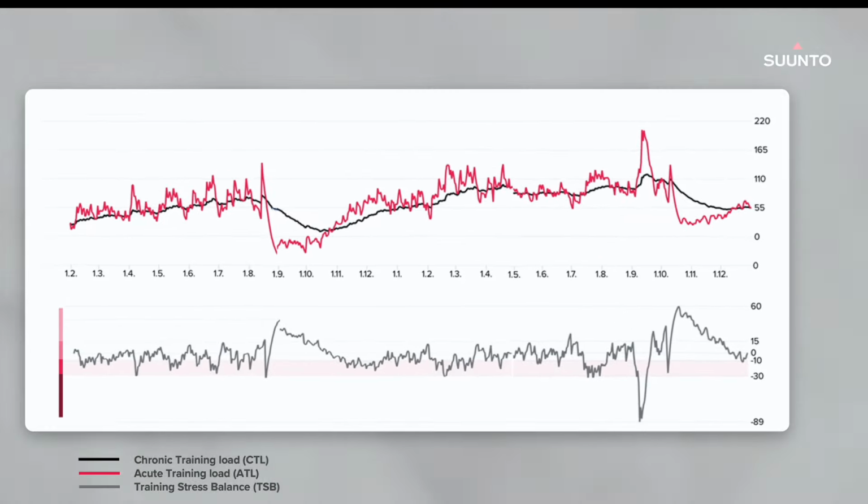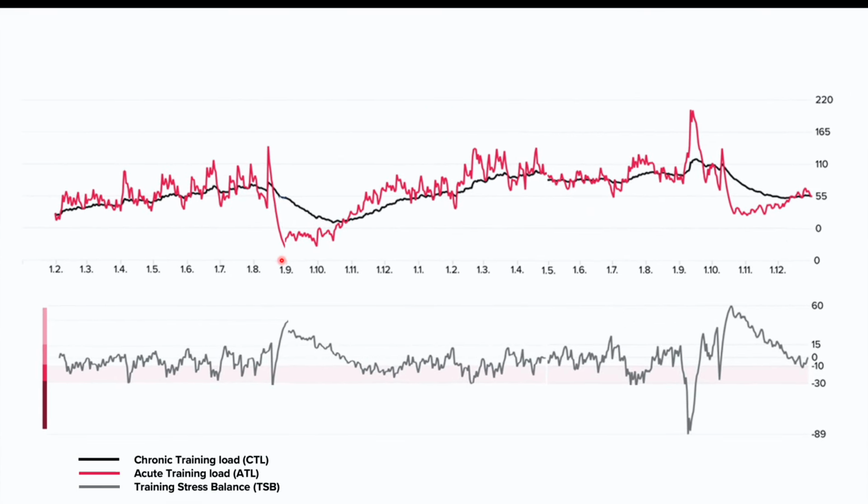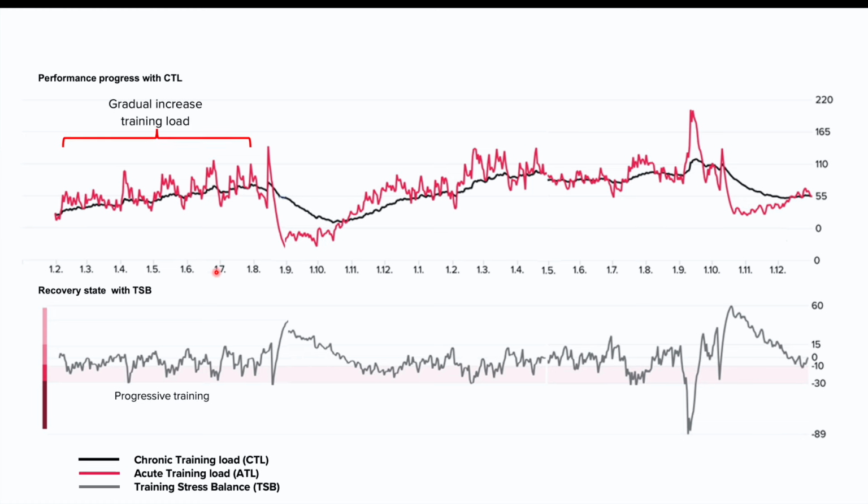And then when we look at this graph a bit more in detail, the first part of the screen shows the start of the year, where you can see training increasing step by step, where the chronic load is gradually, very slightly increasing week by week, and the training stress balance is sometimes a bit negative, sometimes even positive.